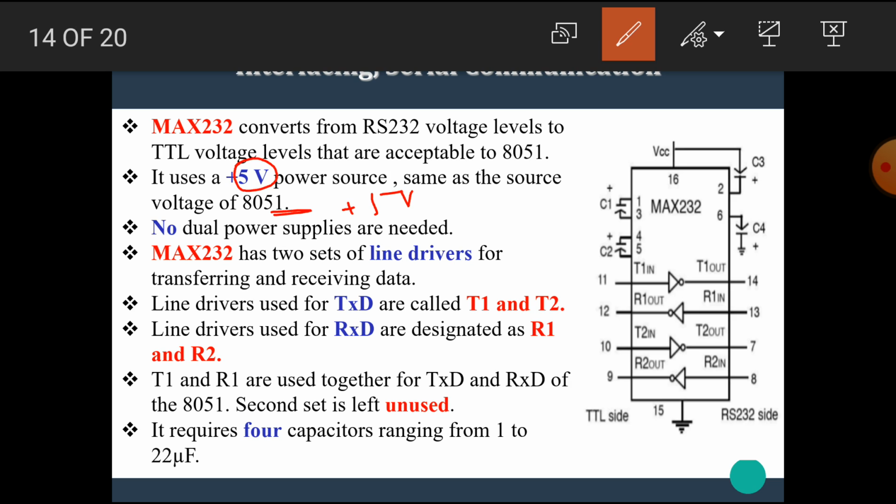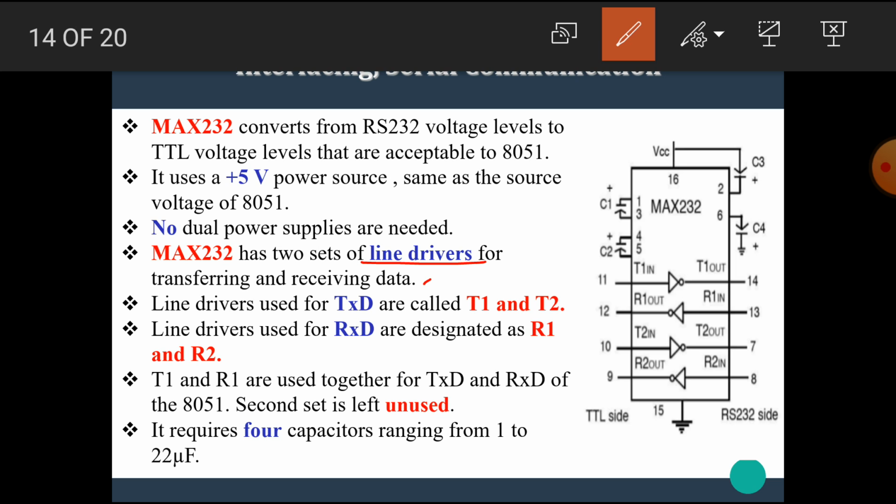Hence no dual power supplies are needed. MAX232 has two sets of line drivers for transmitting and receiving data.